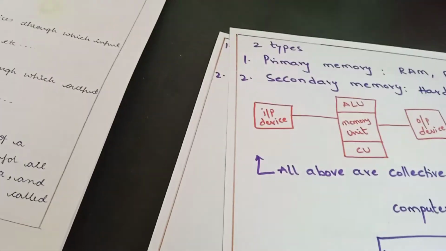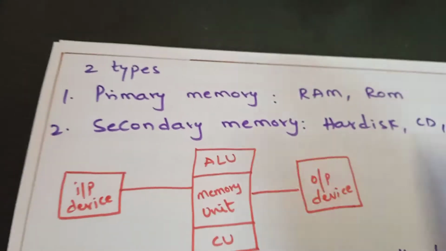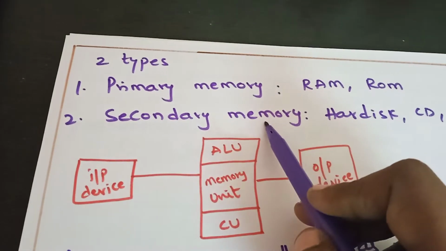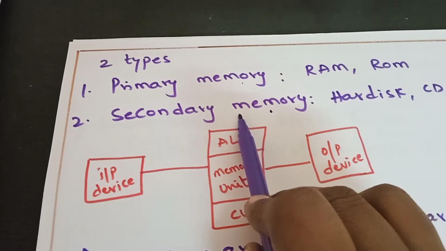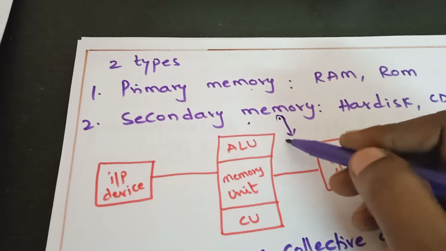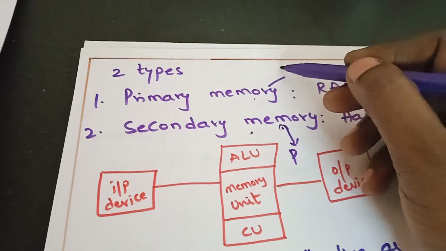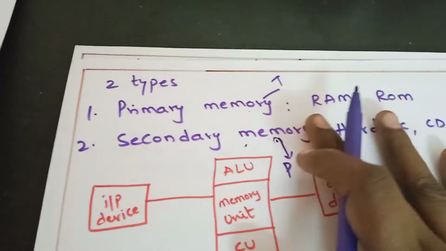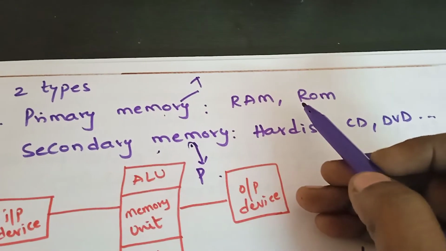We have two types of memories: primary memory and secondary memory. Secondary memory will store the data permanently. Primary memory will store the data temporarily. Here we also have two devices, RAM and ROM.